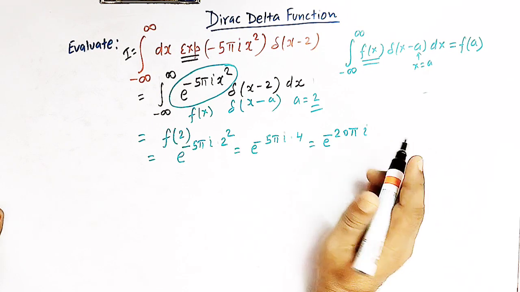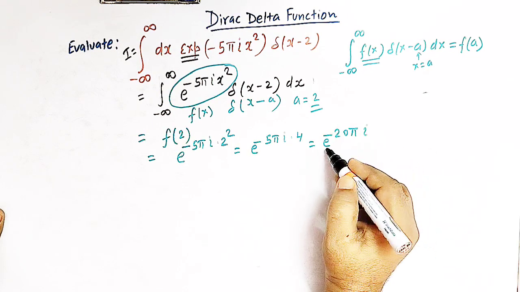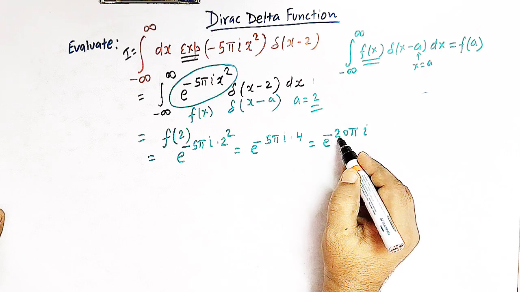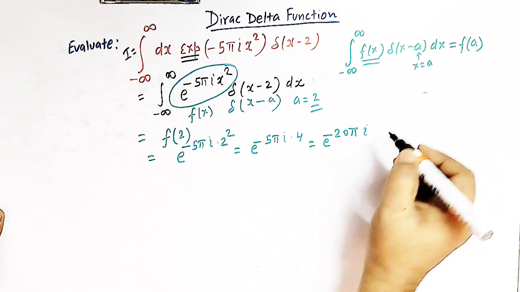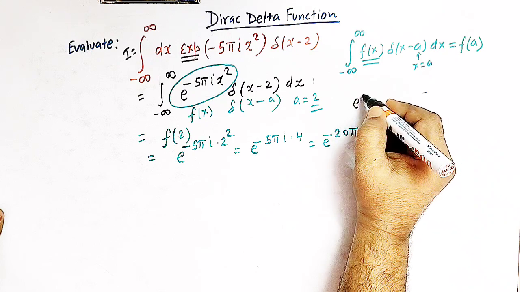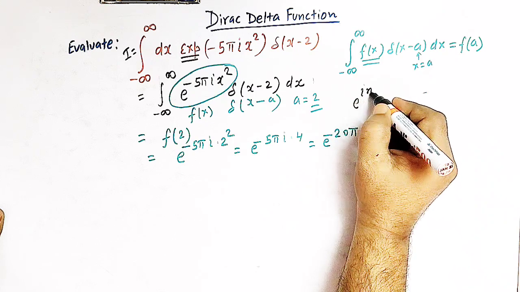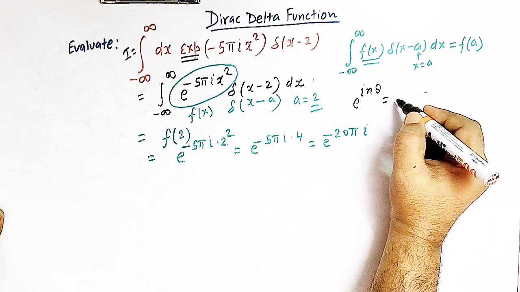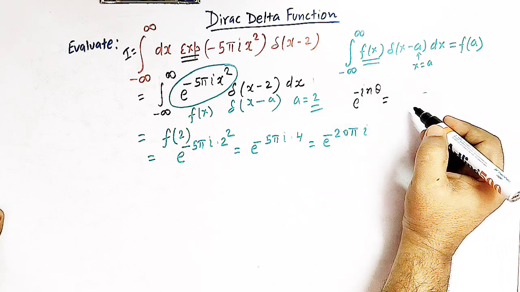So now to find out the value of this expression e raised to minus 20 pi i, we'll make use of Euler's formula, that is e raised to i n theta, or we can take here a negative sign.